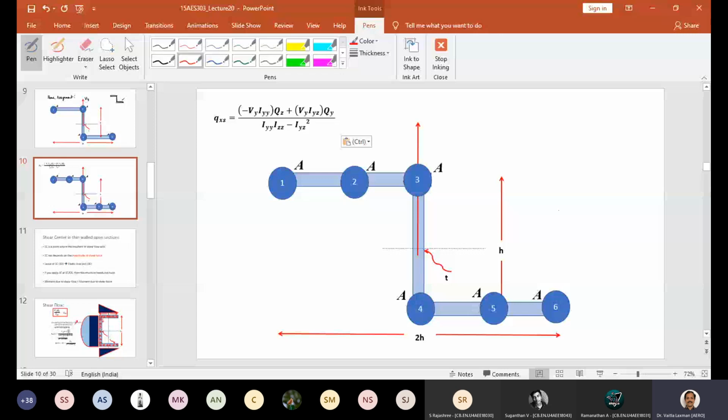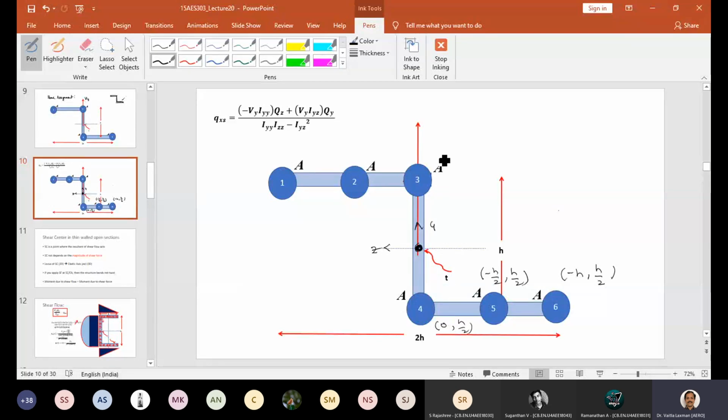This is your y, this is your z. So look at this point. What is this? Anybody? Z is minus h, y is h by 2, isn't it? What about this one? Minus h by 2, comma h by 2. Here 0, comma h by 2.